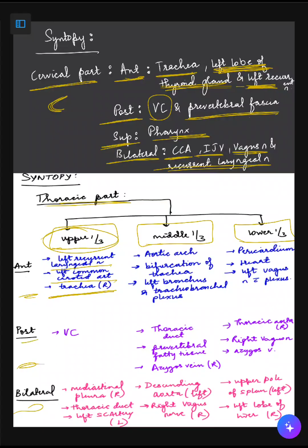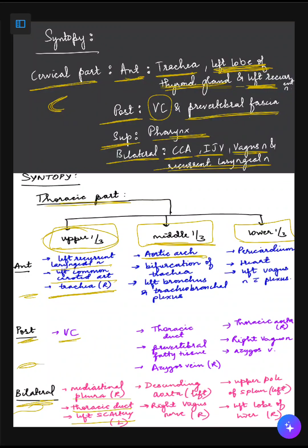Posteriorly is vertebral column and bilaterally is mediastinal pleura on the right side, thoracic duct and left subclavian artery on the left side.